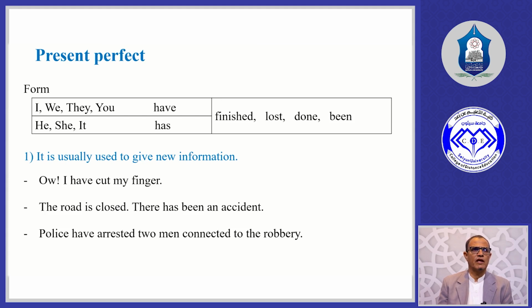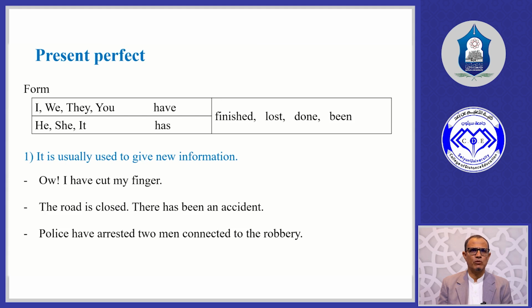The second one we have: the road is closed. There has been an accident. There has been an accident happening here on this road, but we didn't know when that accident happened, and it gives new information, and the action here is not specified with a specific time. Then we have: police have arrested 2 men connected to the robbery.